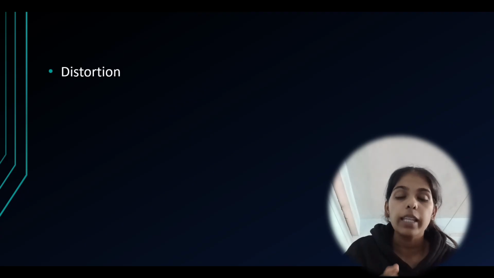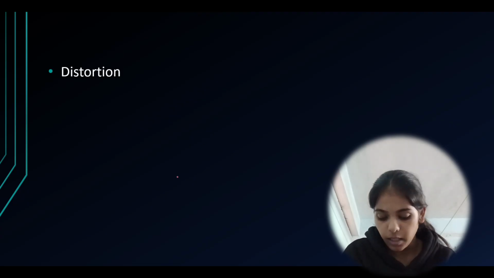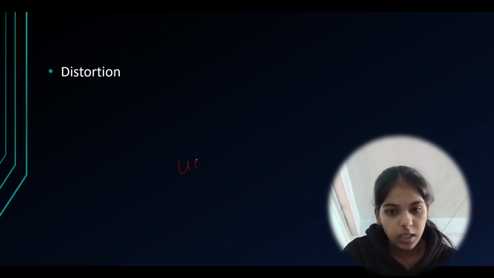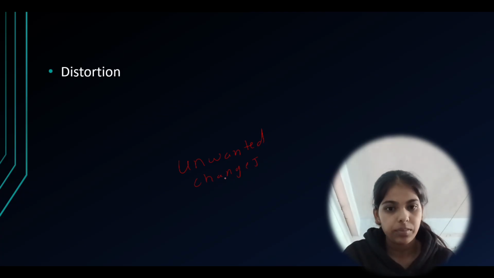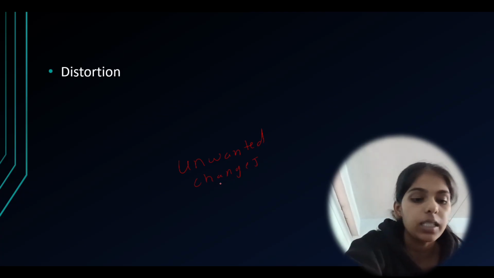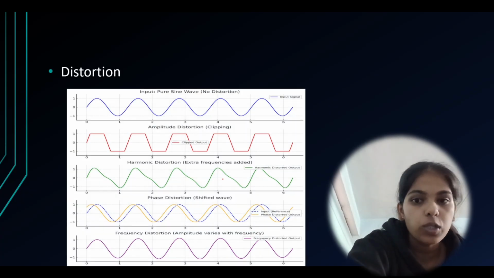But when I am singing and the voice is breaking, the voice cuts, there is distortion. This is known as distortion. Distortion is unwanted changes that happen in the output signal.